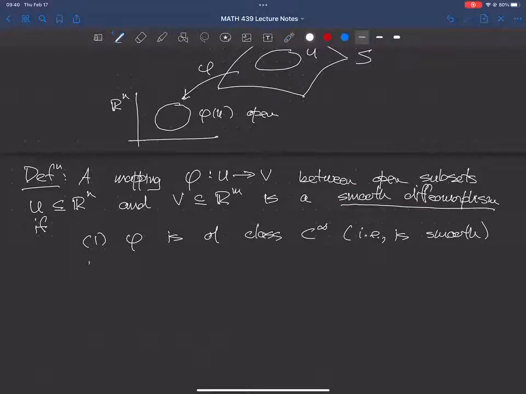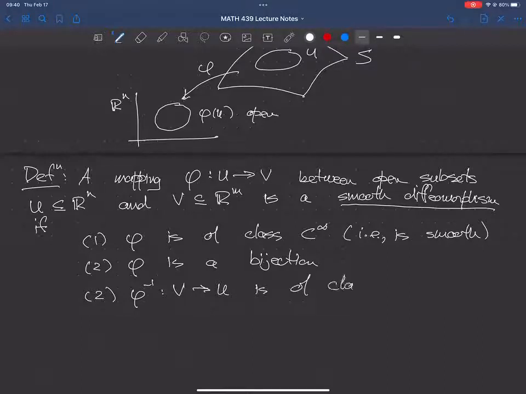Second, phi is invertible, a bijection from U into V, and therefore it has an inverse. And I'm going to ask that its inverse also be of class C infinity.